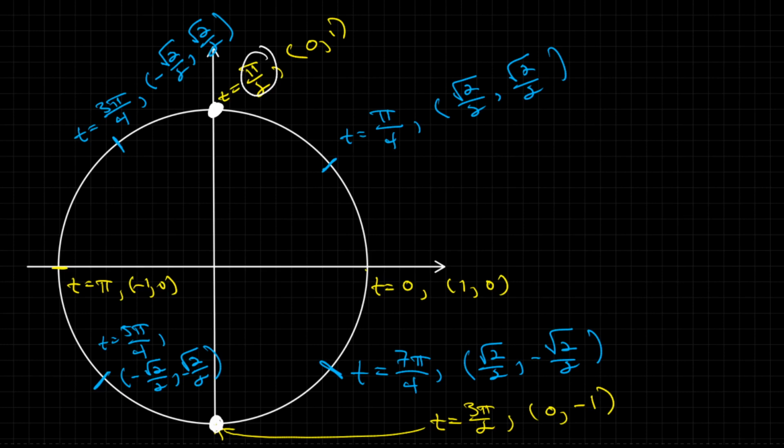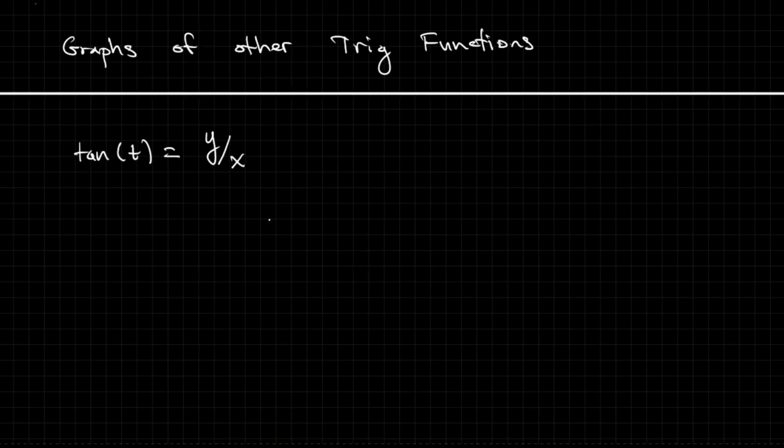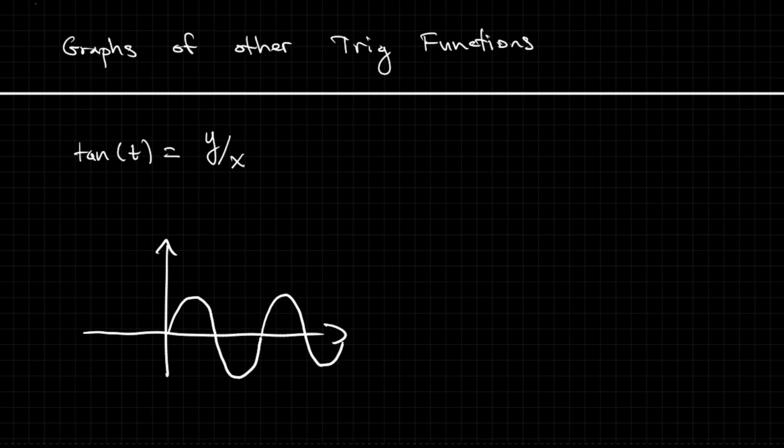Another fact that will influence what t-values we choose is that with graphs of previous trigonometric functions, we only graphed one period of that trigonometric function. That's because once you graph one period of, let's say, sine of x, then the graph just repeats itself over and over again.